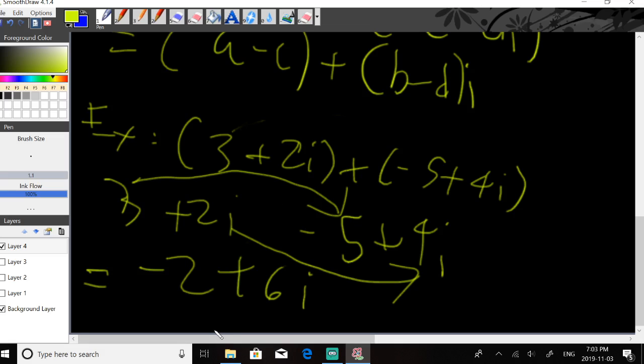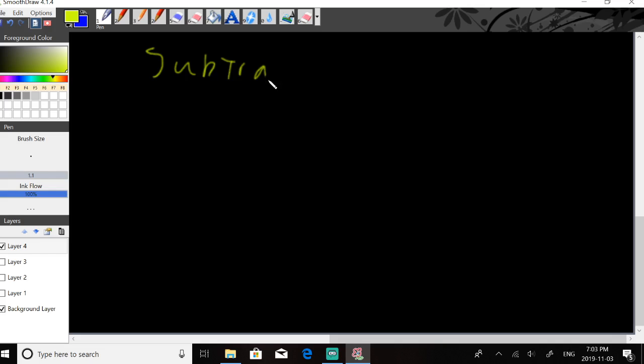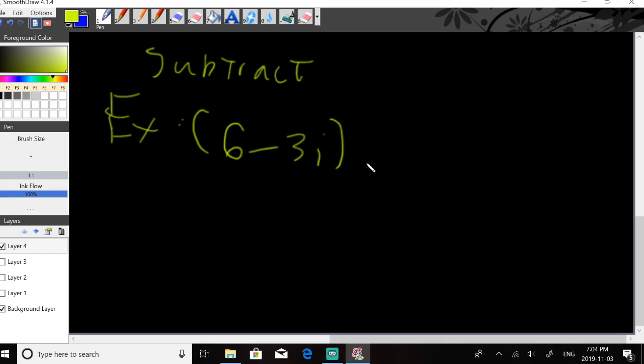Subtraction. Okay, let's go to subtraction. An example of subtraction is 6 minus 3i minus 4 plus 5i. I didn't write it into my note, but I'm going to do it right now.